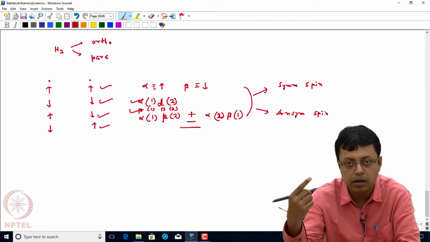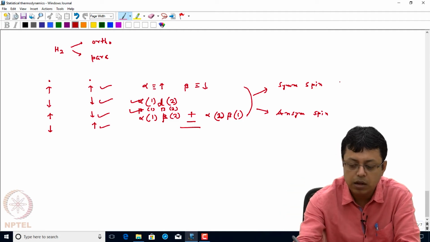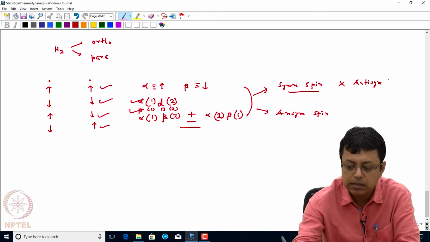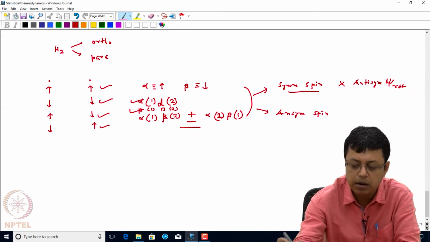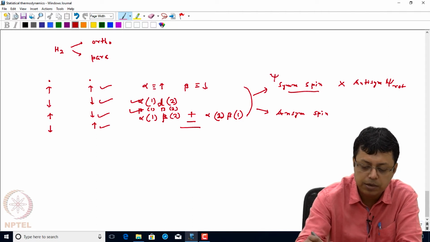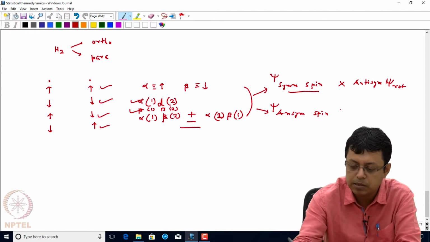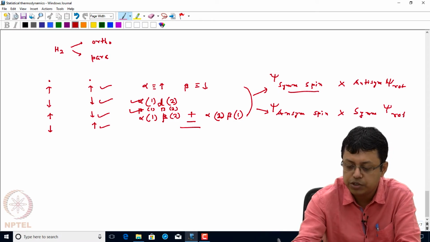Now since protons are fermions, the total wave function has to be antisymmetric. So the symmetric spin part goes with the antisymmetric space part, which in this case will be the antisymmetric rotational part. And if we have the antisymmetric part of the spin, it will go with the symmetric part of the rotation.